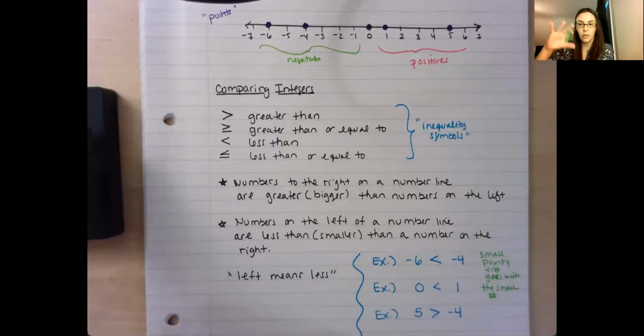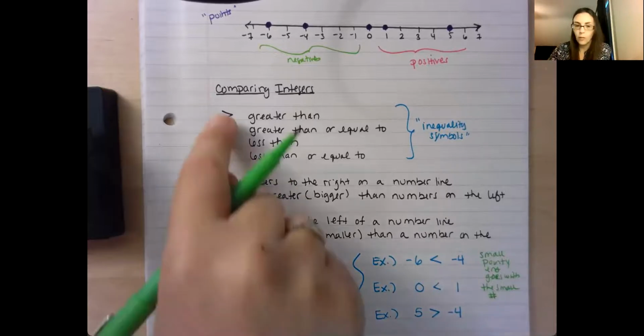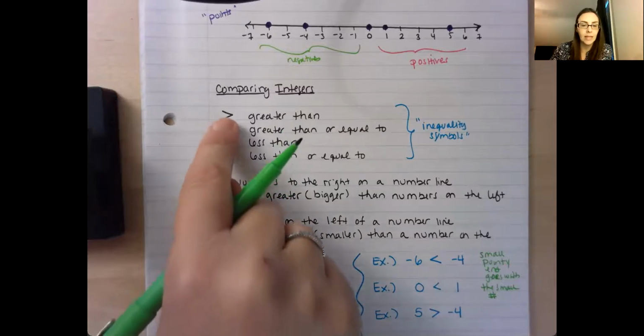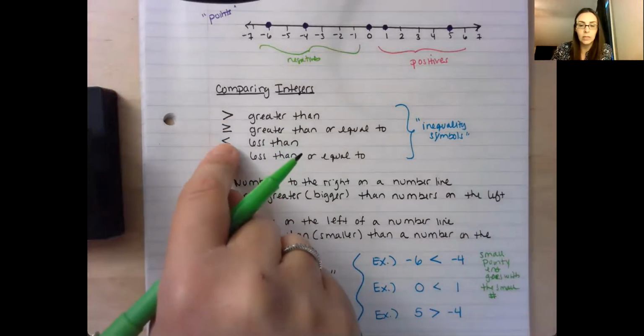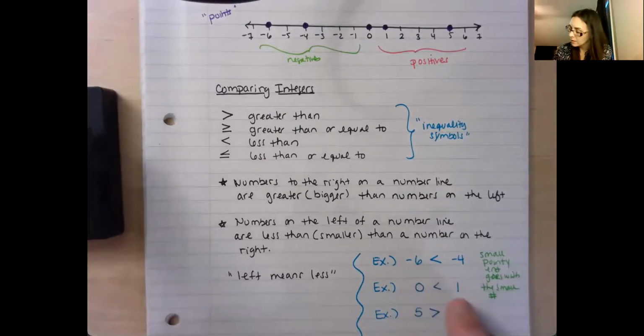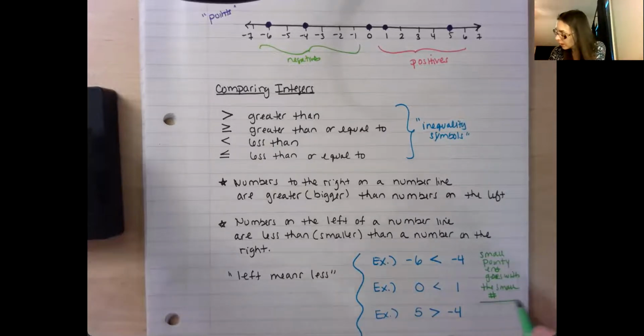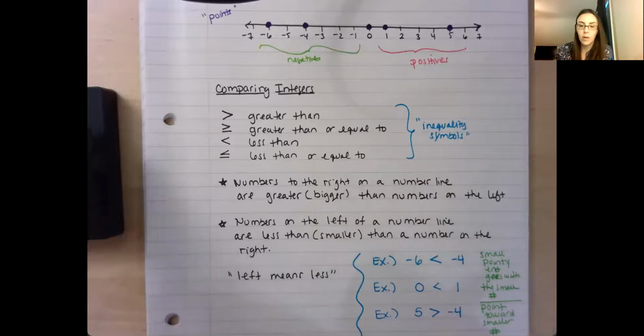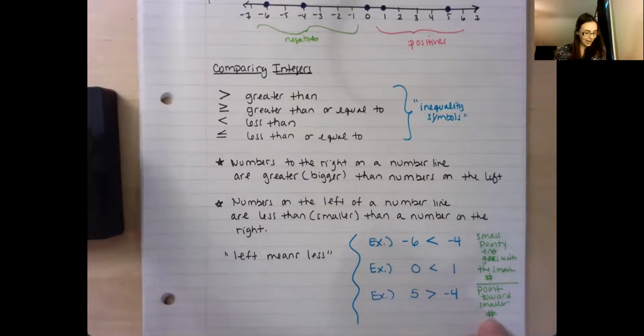So if you're getting stuck on which is which, hopefully you can read through here and remember your less than and your greater than directions. But if you're having trouble, that small pointy end goes with the small number. So it points towards the smaller number. So here it points towards the -6, points towards the 0, points towards the -4. So you always point toward the smaller number. And again, don't forget that little symbol also means number, not just hashtag.